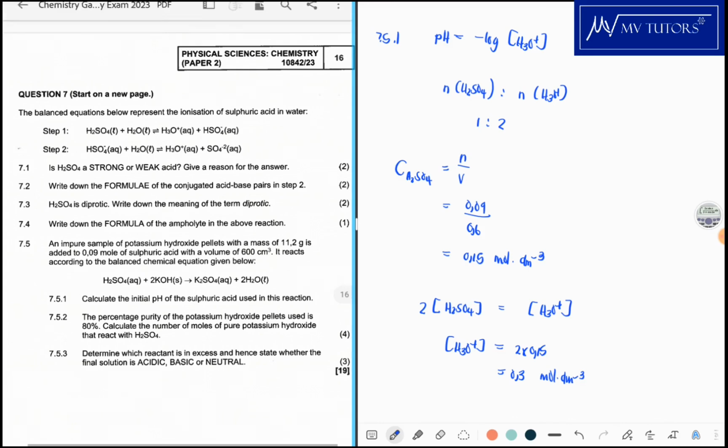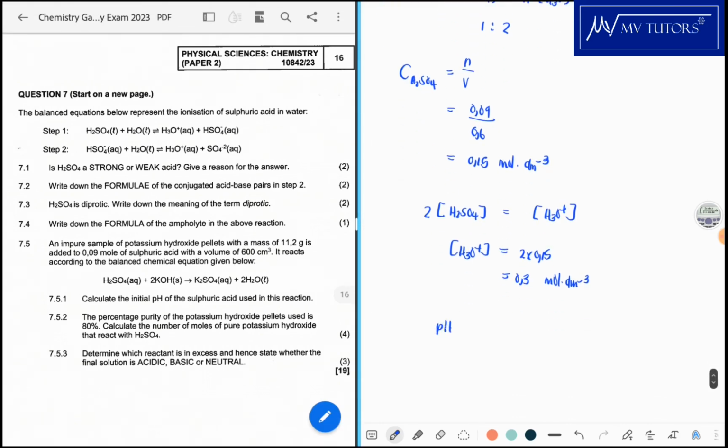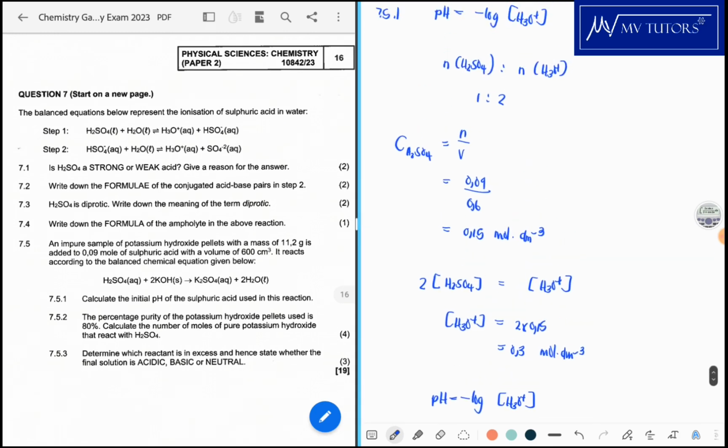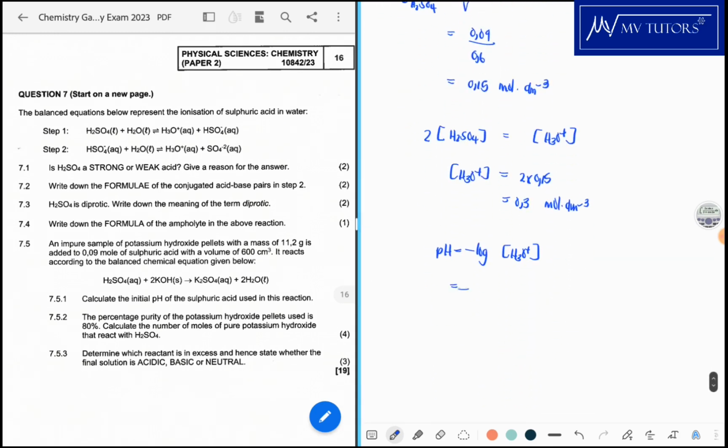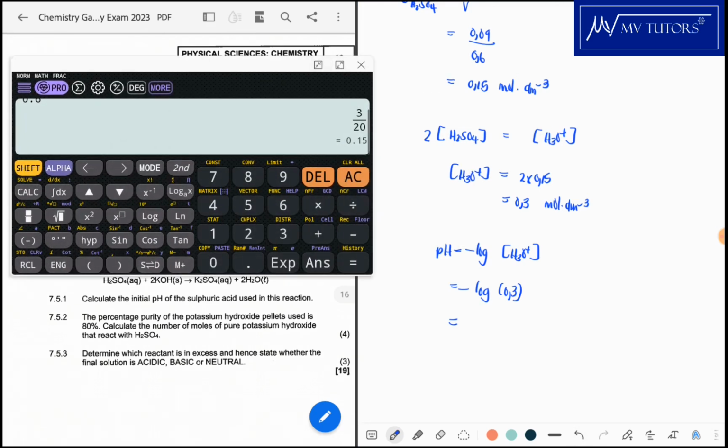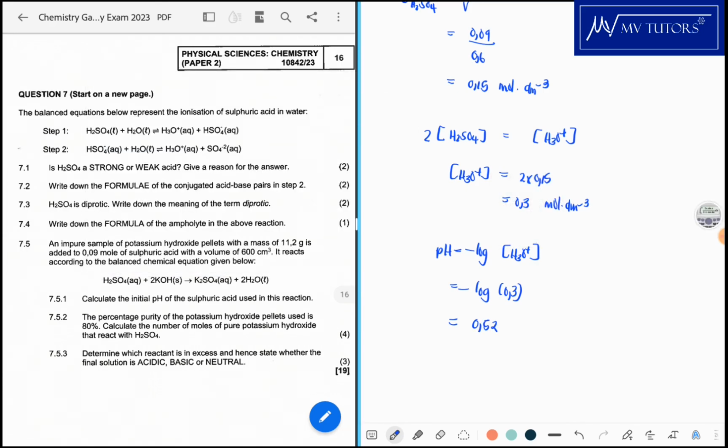Now we can finally calculate pH. pH is negative log of H3O plus, so negative log of 0.3, and using our calculator, that is equal to 0.52. That tells you how strongly acidic it is. It's close to 0.